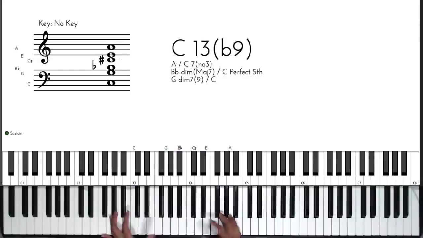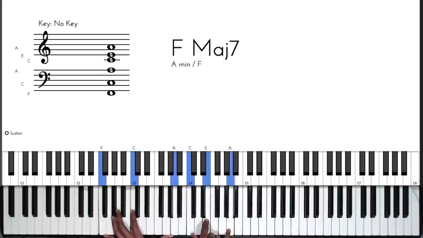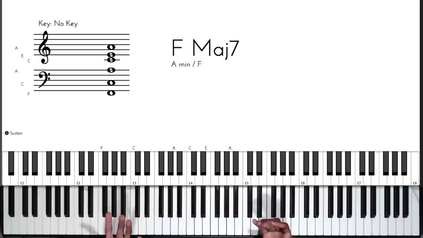And then we finish off with an F, and just for the fun of it, let's make it an F major 7. So all together, it would sound something like this.